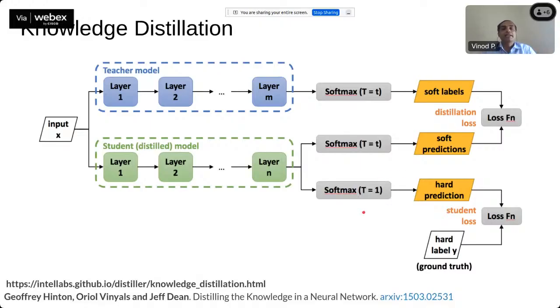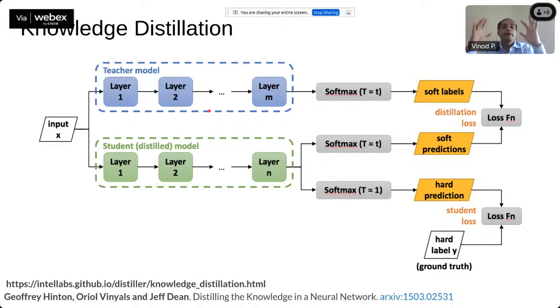This is called knowledge distillation. We would like to minimize both the losses. And if this particular model converges after minimizing these two loss functions, we would say that the student model has distilled the knowledge from the teacher model.